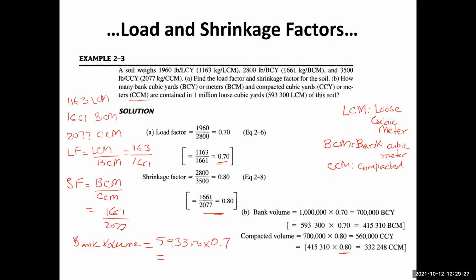Here we will use the shrinkage factor. Therefore you can see that if we know the shrinkage factor and the load factor, we can convert from one type of volume to another type of volume.